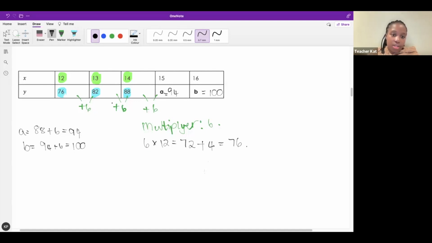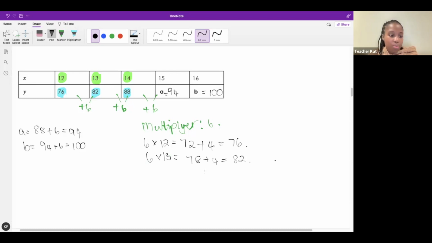Let's try it with the next one. 6 times 13. What is 6 times 13? 78. If I add 4, I'm going to get 82. And is that my desired outcome?